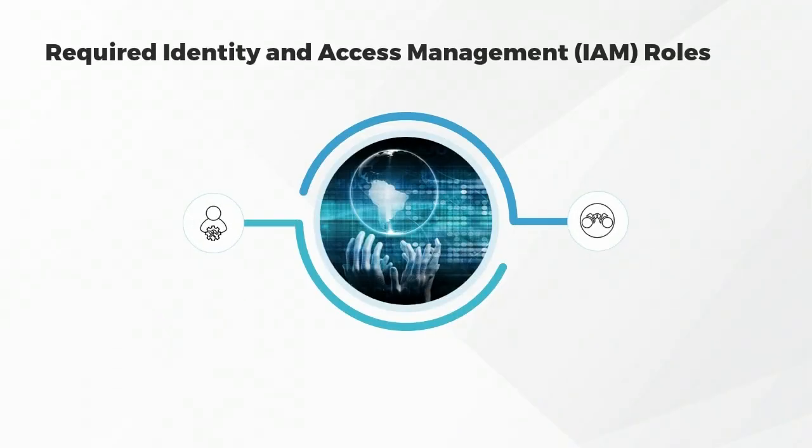Now, there are some required identity and access management roles when it comes to working with BigQuery. We need to make sure that we have the permissions to run a query job. So before we do anything, as the administrator, or we have to ask our administrator, to grant us the following IAM roles. One of them is called the BigQuery job user, and this is what's going to allow us to run jobs in BigQuery.